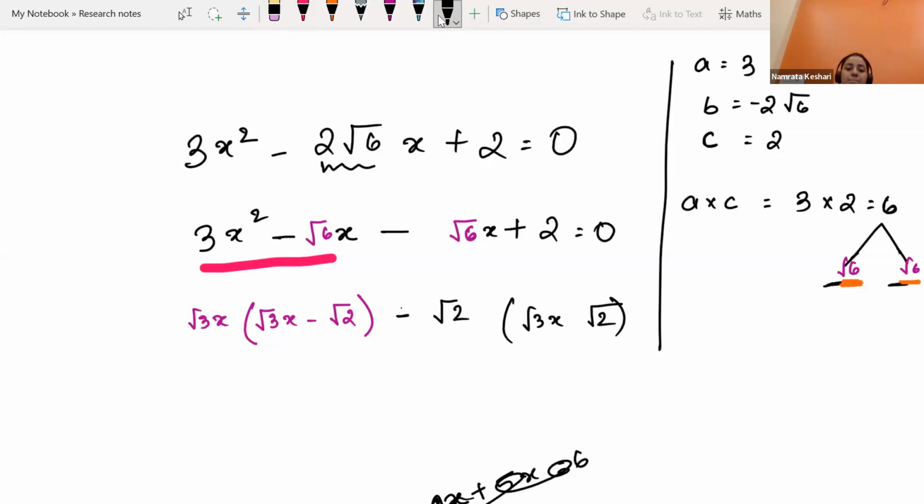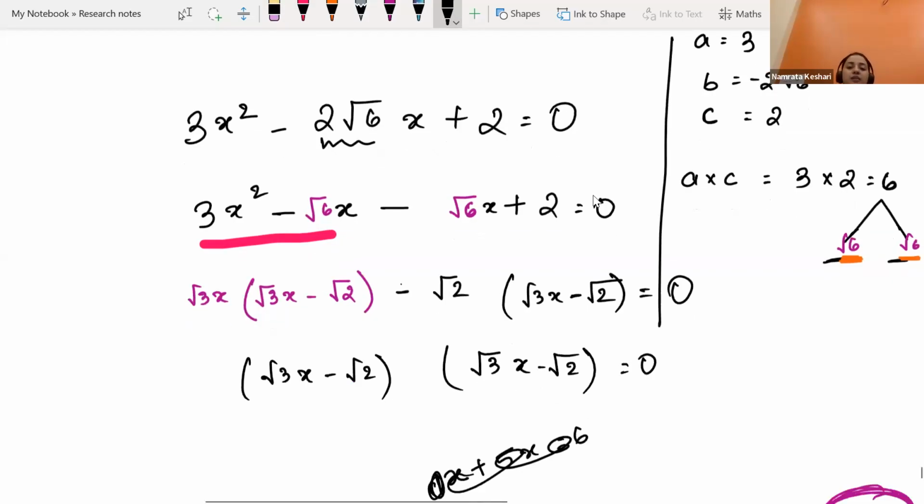We can take the minus sign and the bracket, then only we will be left with root 3x minus 2, right? Yes, equals to 0. One of our factors is root 3x minus 2, and the other factor is the same, root 3x minus 2.